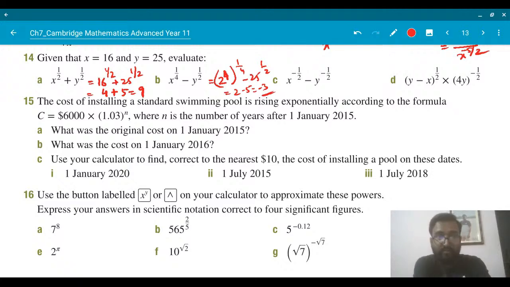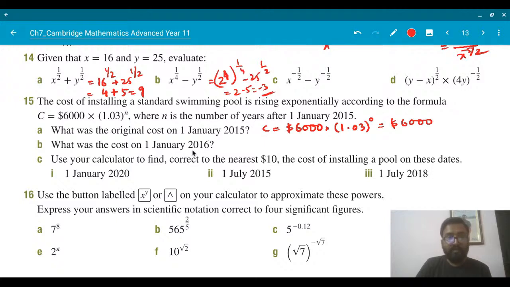There are installation charges. It grows every year, but in the beginning, n must be 0. So C is equal to $6,000 into 1.03 power 0, and its value is 1. This becomes $6,000.